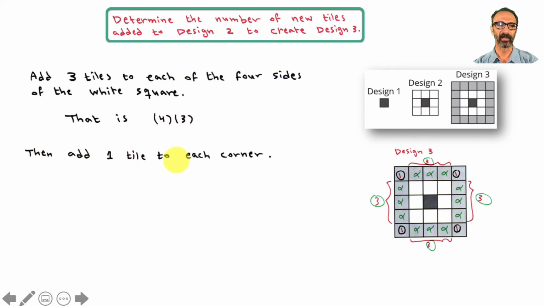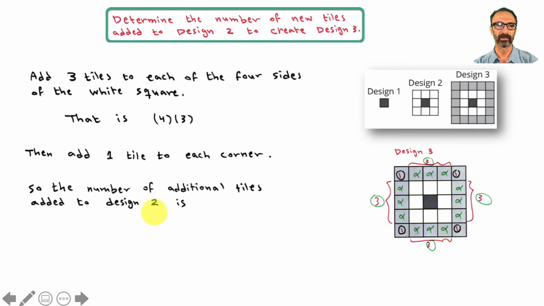Then add 1 tile to each corner. Once you add the 3 here and 3 here, you're going to have a spot here empty. And 1 here, 1 here, 1 here. Add them up to make it a square. So the number of additional tiles added to design 2 is, with this kind of counting, 4 3s and 4 corners.